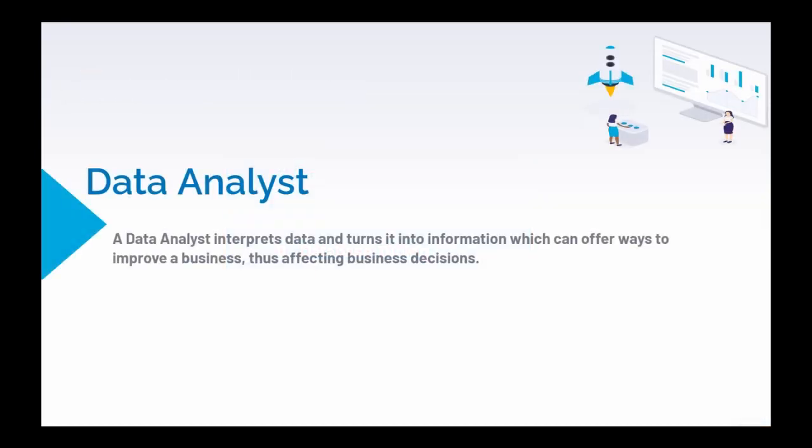Alright, so now we are going to move on to the next role, which is the DA or data analyst. Of course, a data analyst interprets data and turns it into information which can offer ways to improve a business, thus affecting business decisions. Data analysts gather information from various sources, which could be different databases, and interpret patterns and trends.